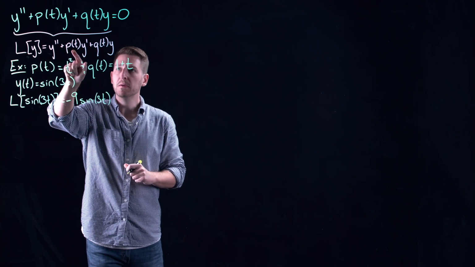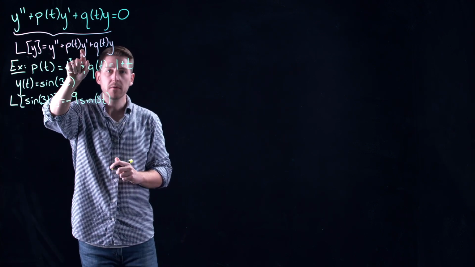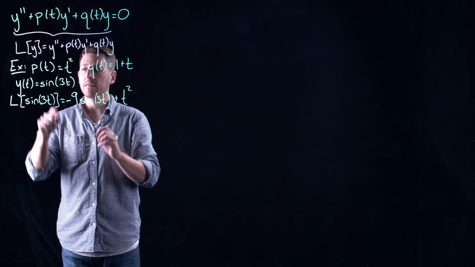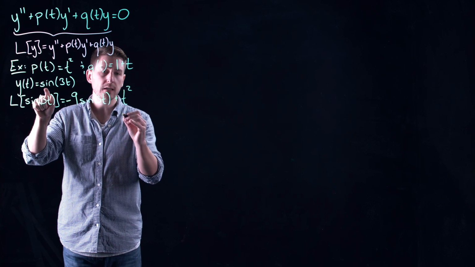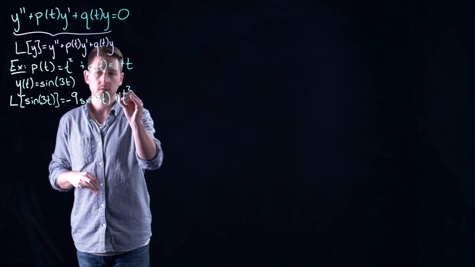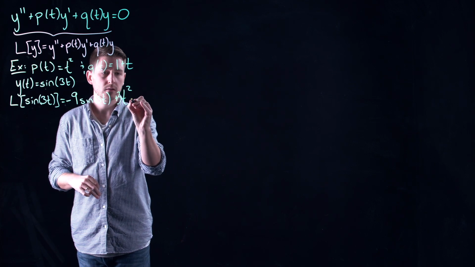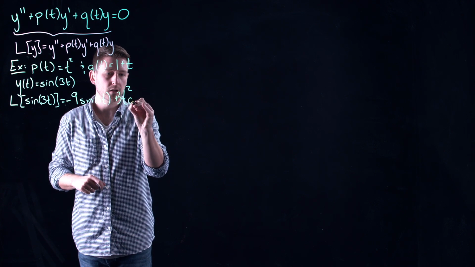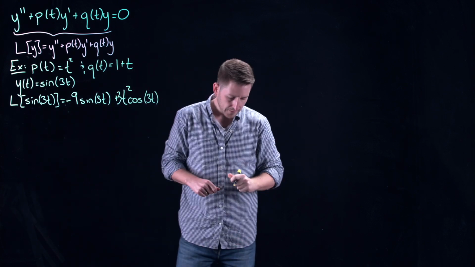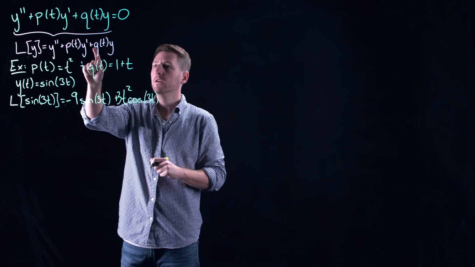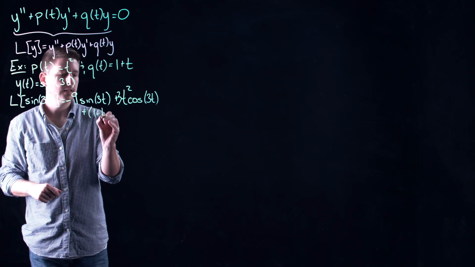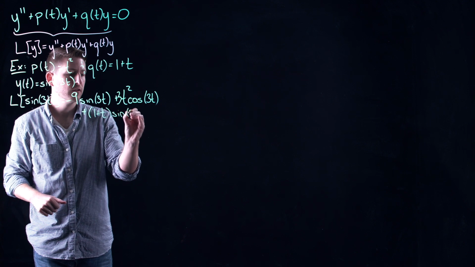And then I get p of t times y prime, so that's plus t squared, and the derivative of sine of 3t is just 3 cos of 3t. I'll put the 3 in front of the t squared to make things look prettier. And then finally, I'm left with q of t times y, which leaves me with 1 plus t times sine of 3t.